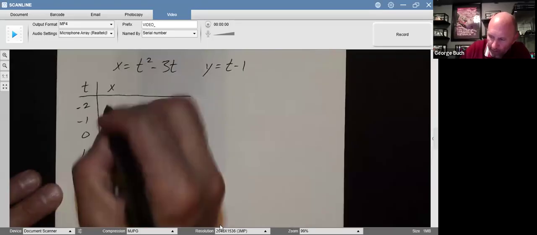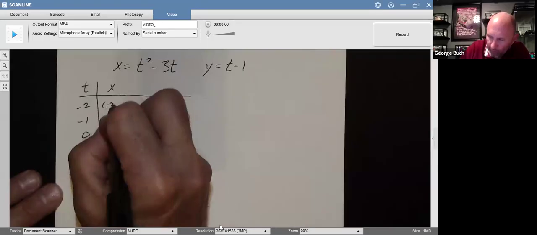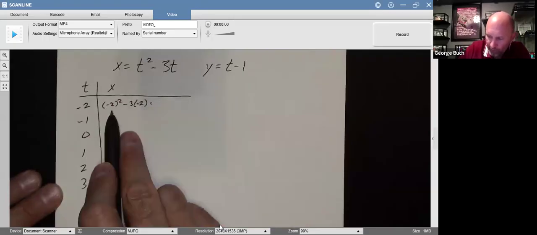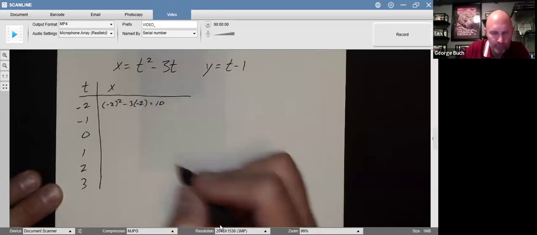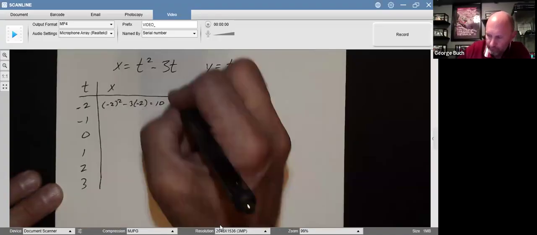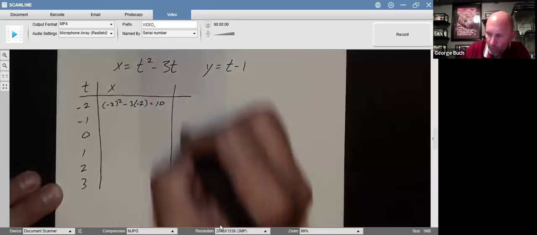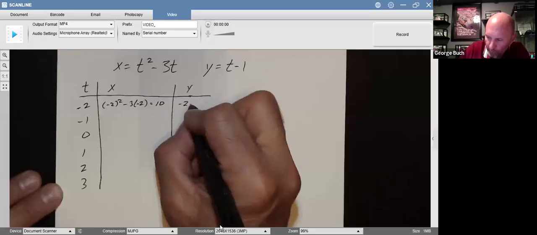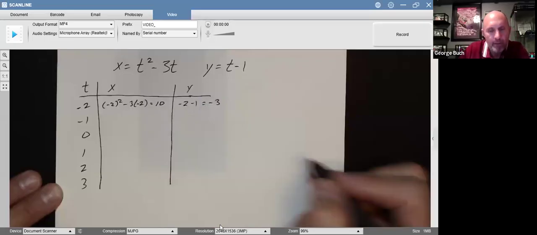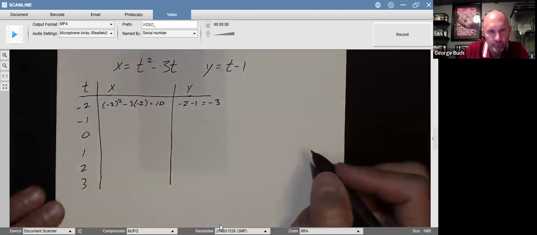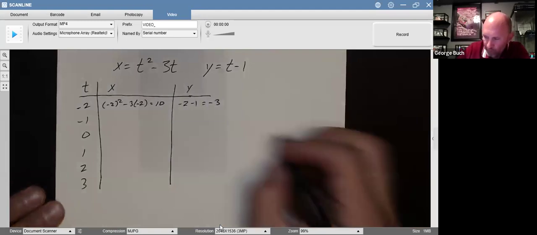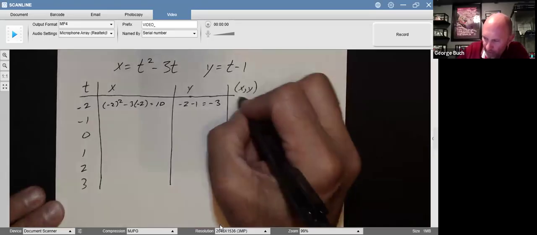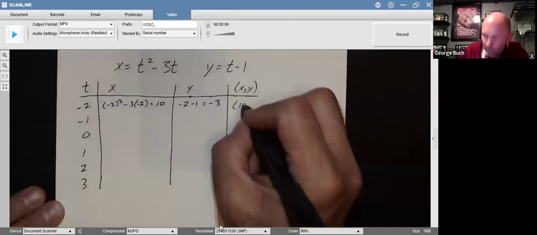So I get -2 squared minus 3 times -2, which is 4 plus 6, which is 10. My y value is t, -2 minus 1, which is -3. So this gives me one point, x, y, like we're used to seeing: 10, -3.